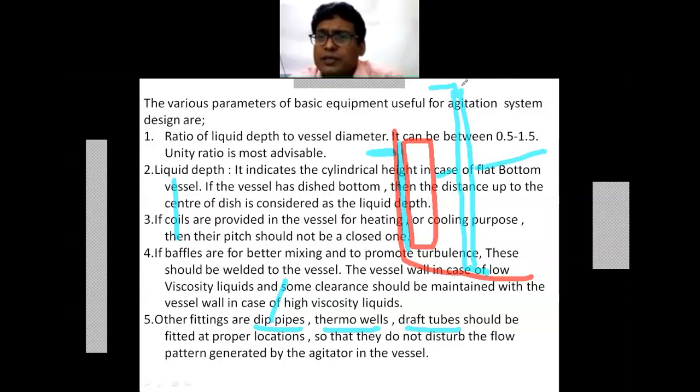This back pressure is measured by the differential pressure measurement system, which measures the liquid height in the tank. Then thermowells are for the measurement of temperature. Then draft tubes help in increasing the turbulence, where the fluid movement will be observed through the draft tube.